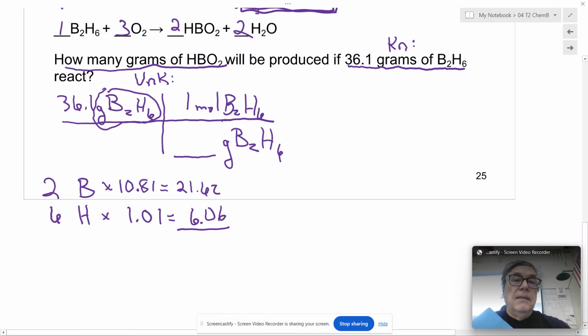So I'm adding these together and I get 27.68. Some people might even round that up.